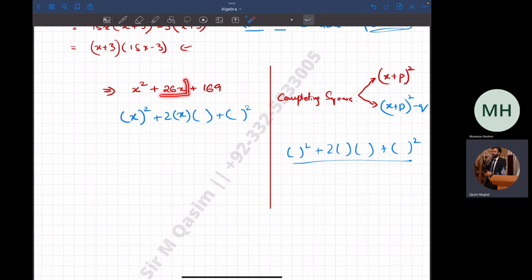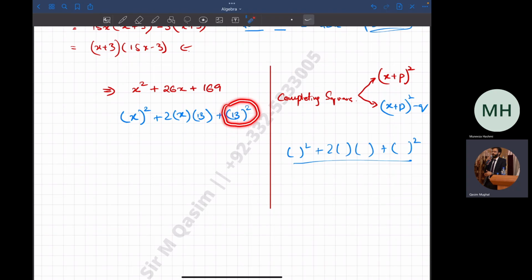Now for the middle term, which is 26x, I've already got 2x. Now 2x times what will give me 26x? 13. Nice. So I'm going to put 13 here. So b is 13, so I should be putting 13 here because that's b squared as well, isn't it? That's b and that's b squared. So b is 13.